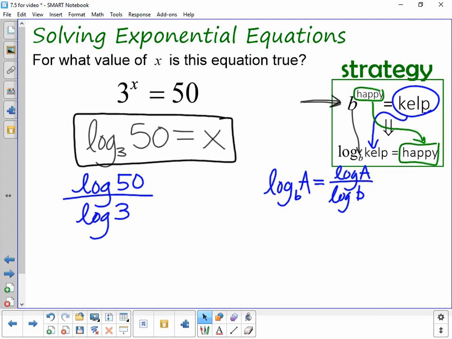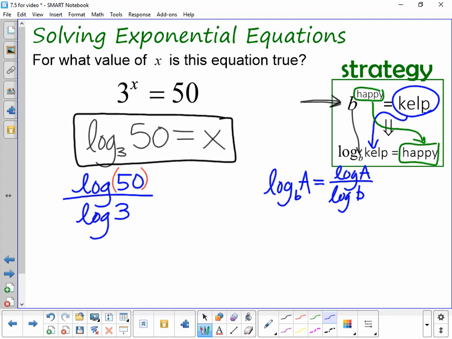And if you put that into your calculator, remember that in most calculators you will probably have to make sure that you are entering it carefully.